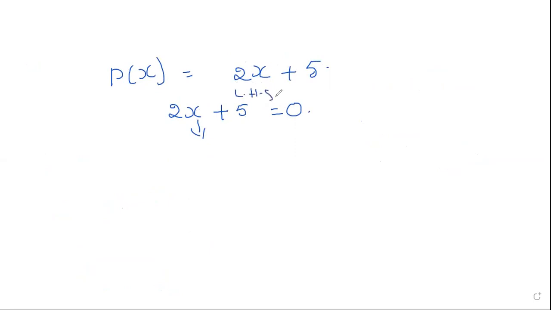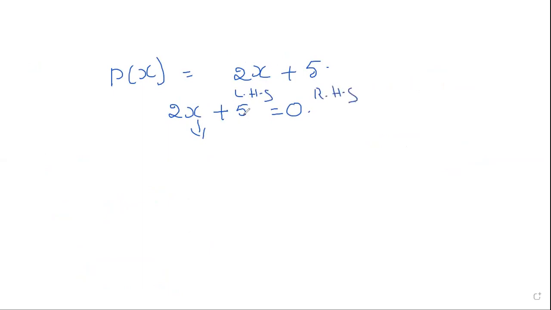Next one, P of x is equal to 2x plus 5. Now equal to 0, 2x plus 5 is equal to 0. Now write 2x. What do you have in the left hand side? 2x plus 5 is in the left hand side, 0 is in the right hand side.